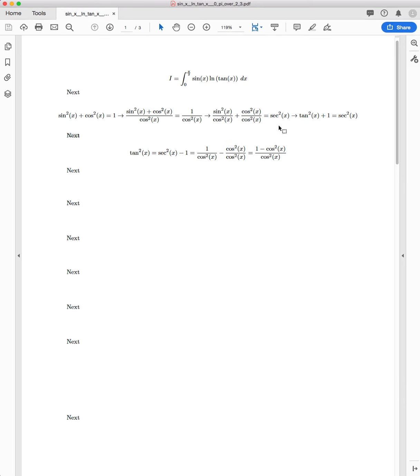Remember, sec is just 1 over cos. Okay, so if I want to make tan squared of x the object, obviously I just need to subtract the 1 onto this side. So I've got tan squared of x is equal to sec squared of x minus 1. Remember that sec squared of x is equal to 1 over cos squared minus 1, which is cos squared over cos squared, which equals 1 minus cos squared over cos squared. Now you'll see, obviously, I could have done this in a shorter number of steps.